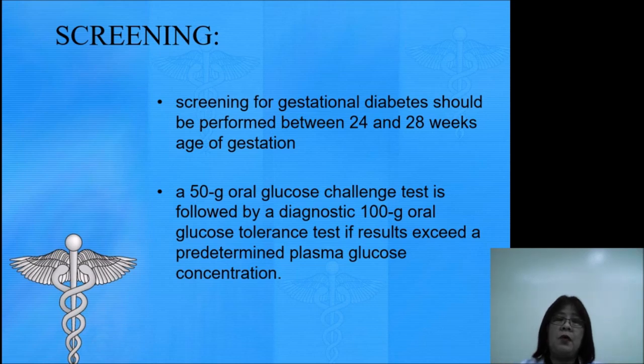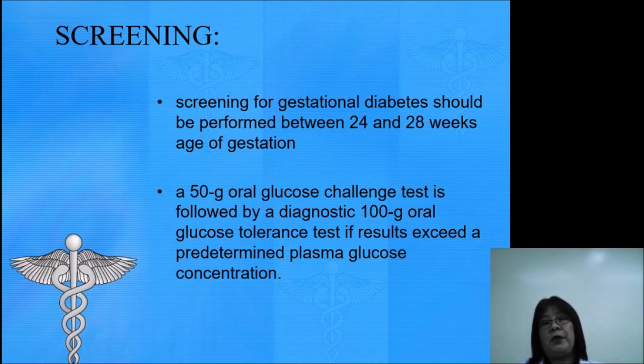So how are we going to screen? The screening recommended by Williams is the 50-gram oral glucose challenge test, wherein your patient will be asked to take 50 grams of glucose, and then you take the sugar level 1 hour after.